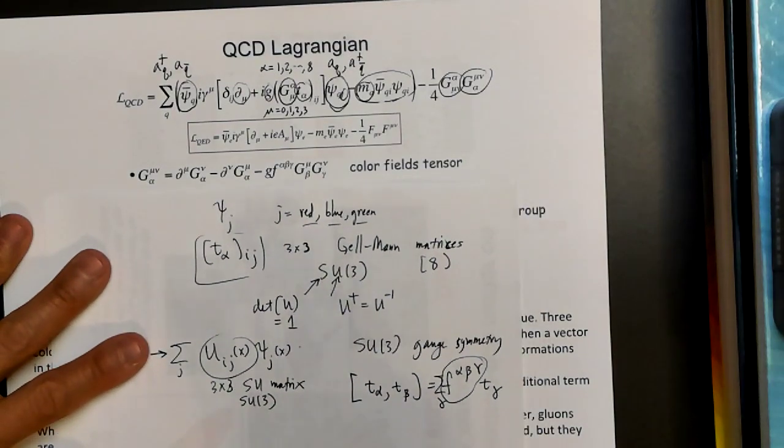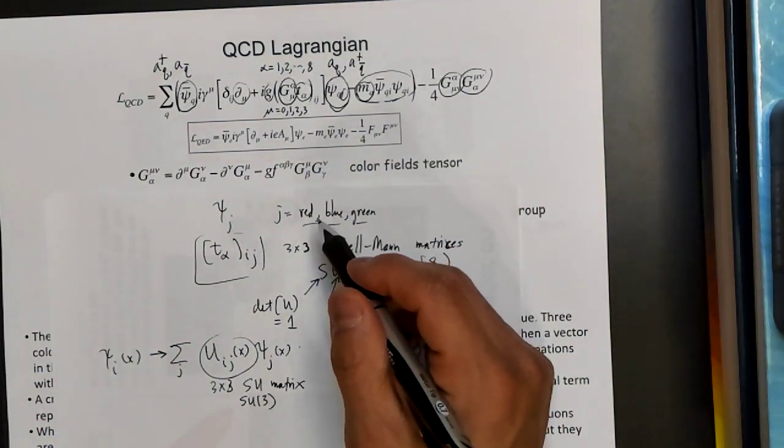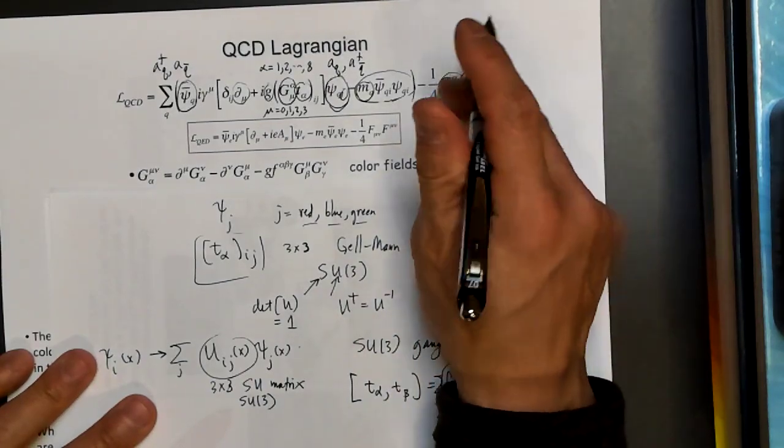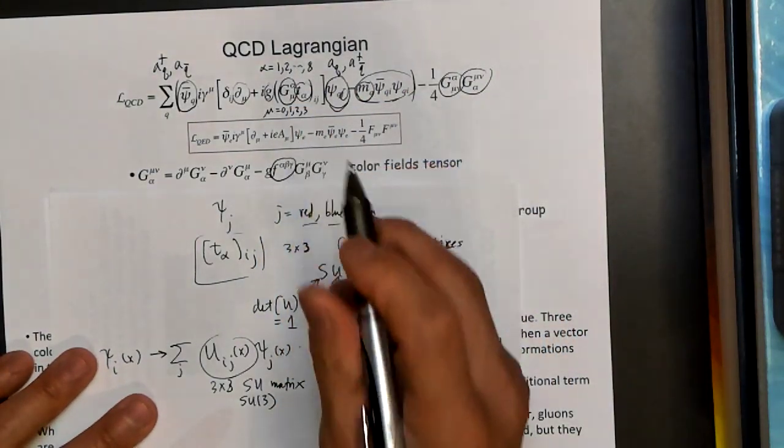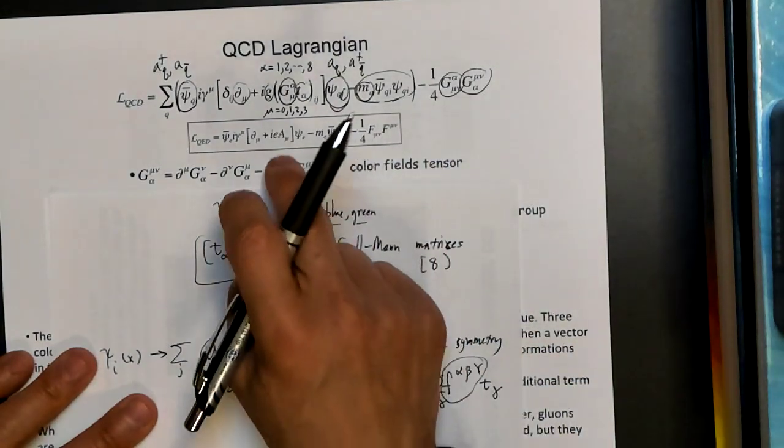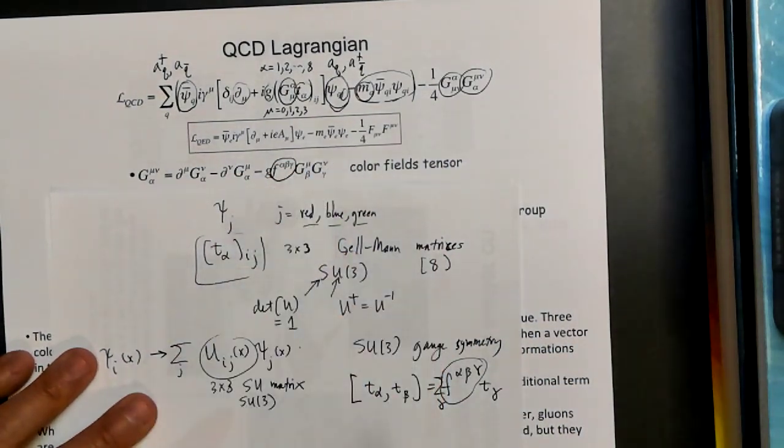But because these guys are matrices rather than just simple numbers, it turns out that you end up getting commutators of these Gell-Mann matrices appearing in the field strength tensor.